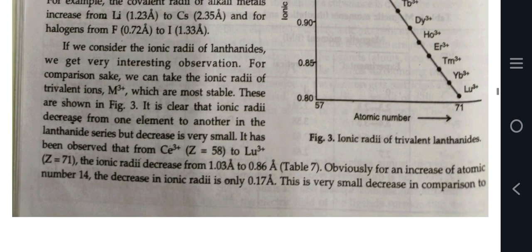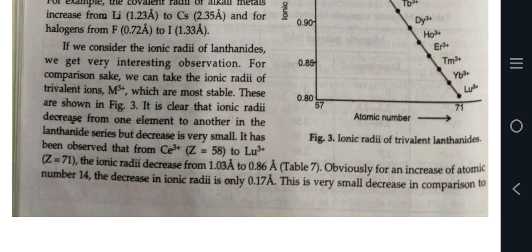If we consider the ionic radii of lanthanides, we get very interesting observations. For comparison's sake, we take the ionic radii of trivalent ions M3+, which are most stable. These are shown in figure 3. It is clear that ionic radii decrease from one element to another in the lanthanide series, but the decrease is very small.